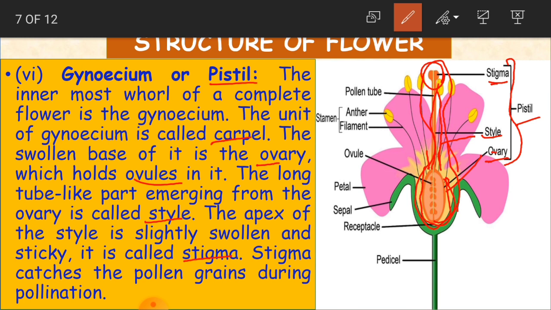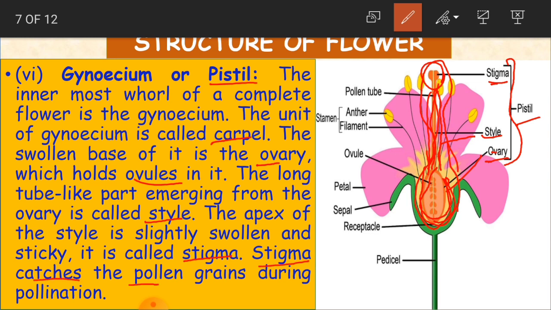So from the starting point, this pistil starts with the stigma, then it is connected with the style, a long tube-like structure, and at the end you have a swollen part called the ovary, and inside it you have ovules, children. And what does this stigma do?